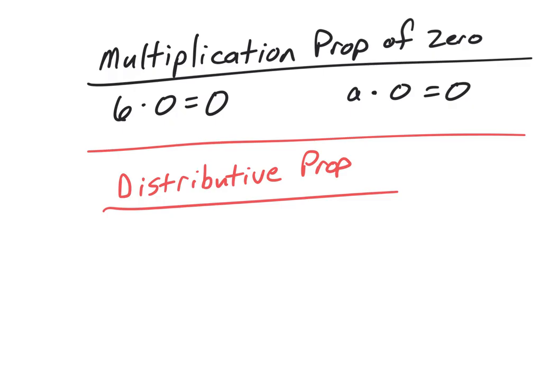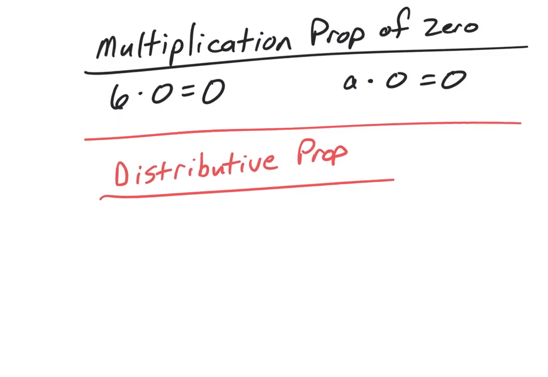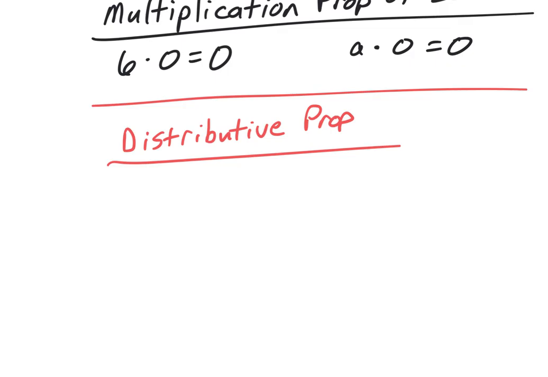We use it when we have parentheses. We're taking whatever the value is in front of the parentheses and distributing it to whatever's on the inside: 8 times b plus 8 times c.